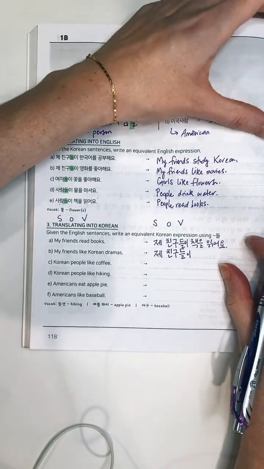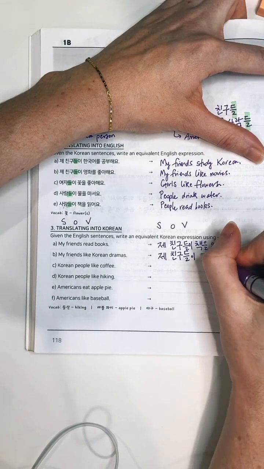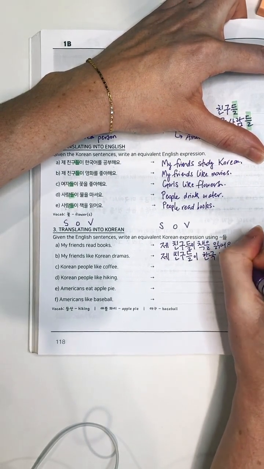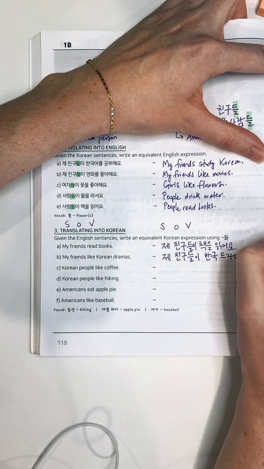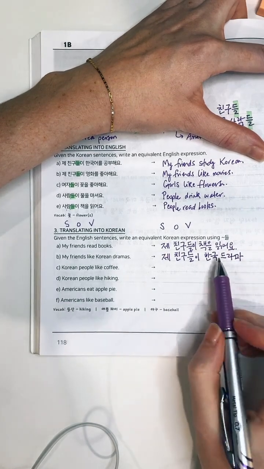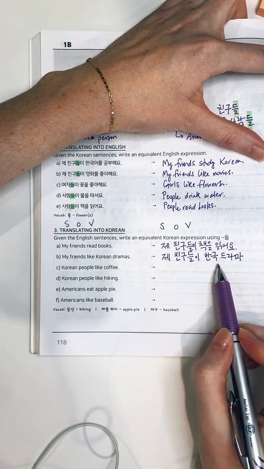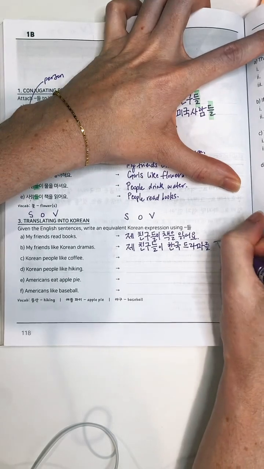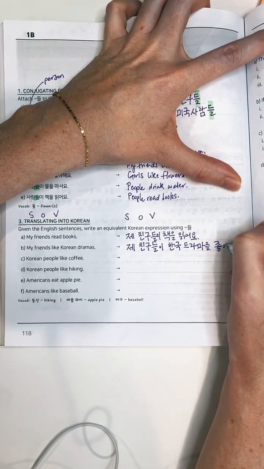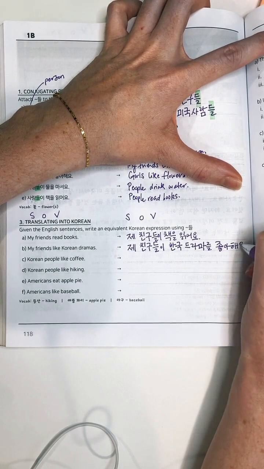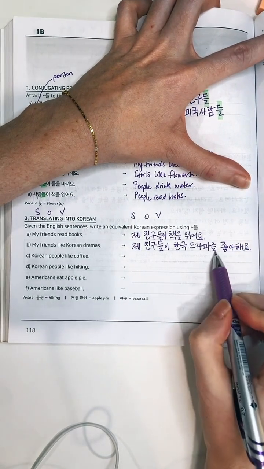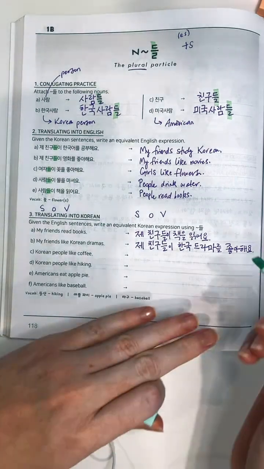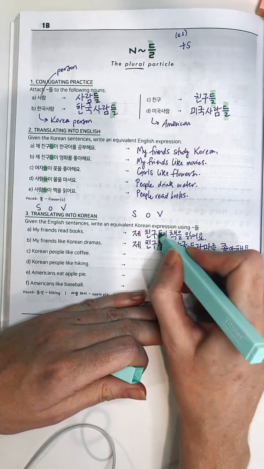And Korean dramas in Korean is 한국, that's Korea, 드라마. Drama is dramas. So 제 친구들이 한국 드라마를 좋아해요. 좋아해요 is an action verb, so it uses the object particle. 제 친구들이 한국 드라마를 좋아해요.